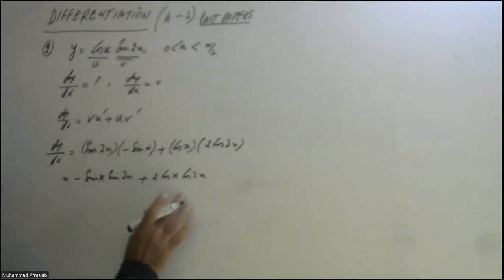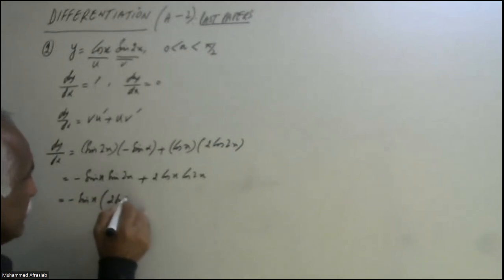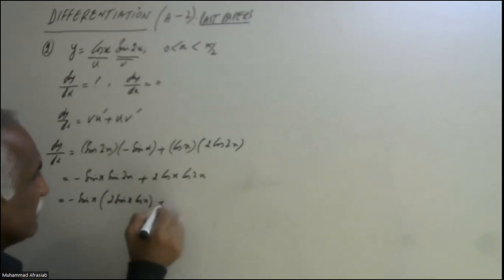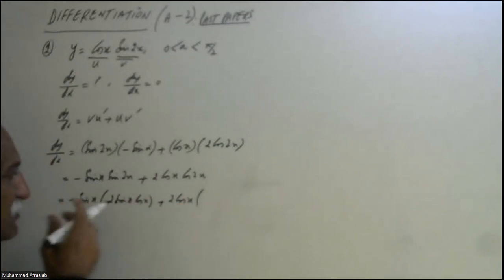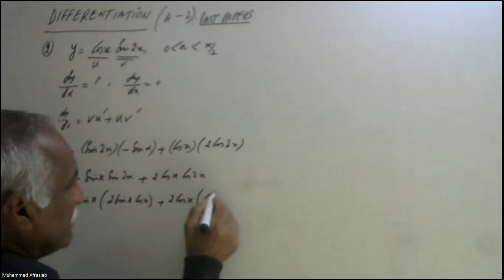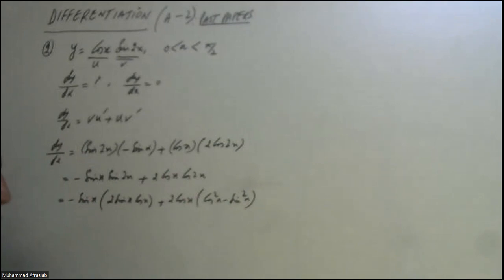Now this thing will be equal to 0, but we have to first express it in the form of one function so that we can change the values. So minus sine of x as is, and sine of 2x is 2 sine of x cos of x, plus 2 cos of x as is into cos of 2x, which is cos square x minus sine square x.